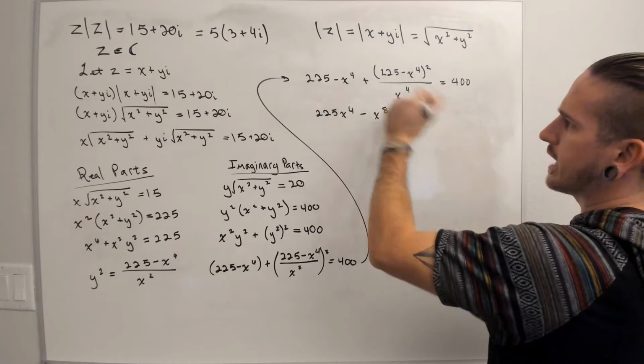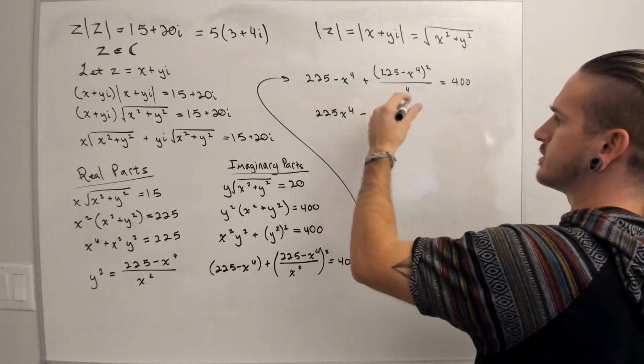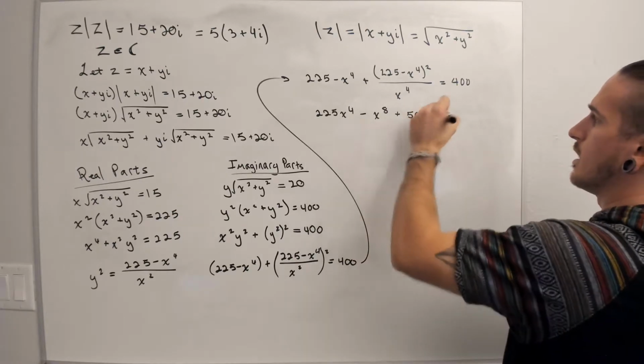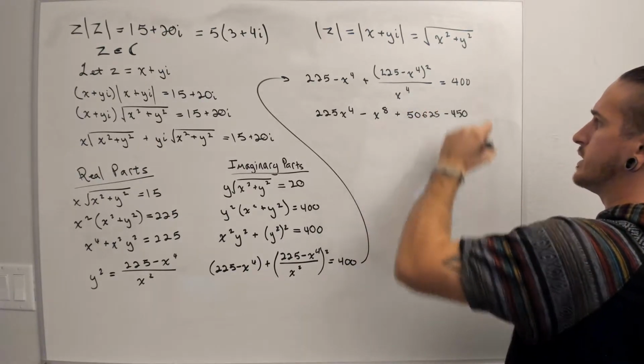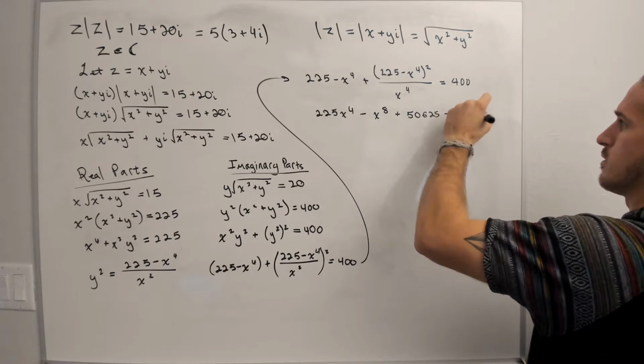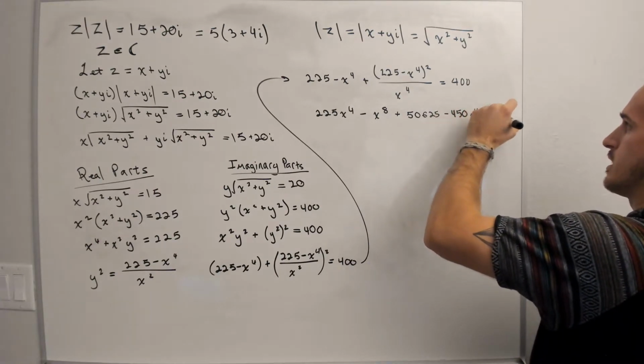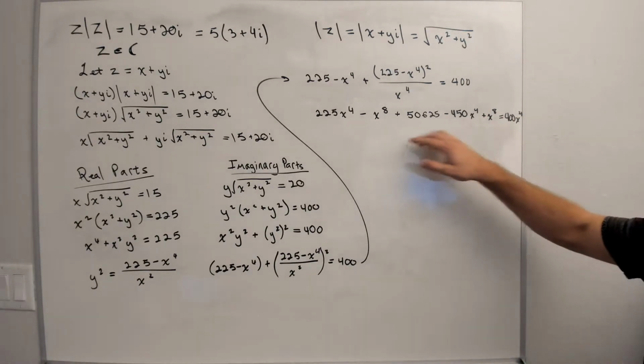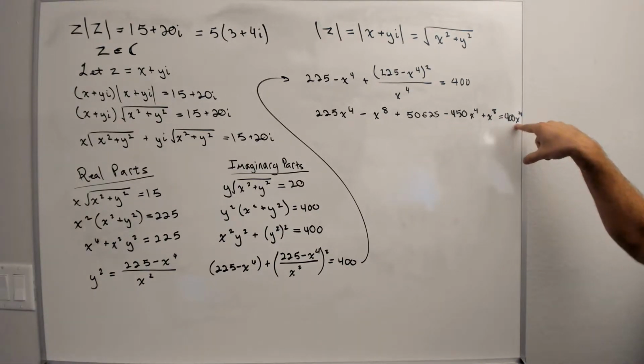And then I'll go ahead and distribute now. That's going to be 50,625 minus 450 x to the fourth plus x to the eighth equals 400x to the fourth. Remember, we did multiply the entire equation by x to the fourth.